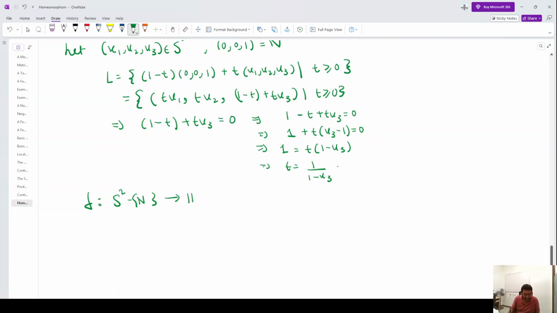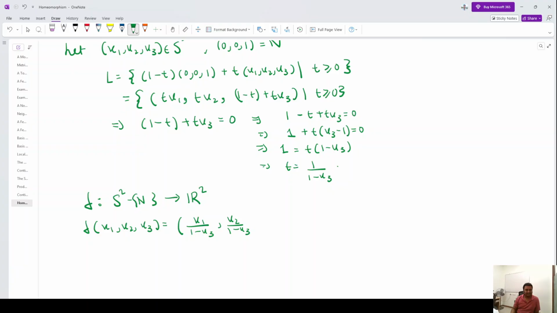So what we have is f to R2, f of x1, x2, x3 goes to where, guys? x1 divided by 1 minus x3, x2 divided by 1 minus x3. What if x3 can be 1? Can x3 be 1? Think about it. It cannot be. That's how we have chosen the points. We are removing the North Pole.